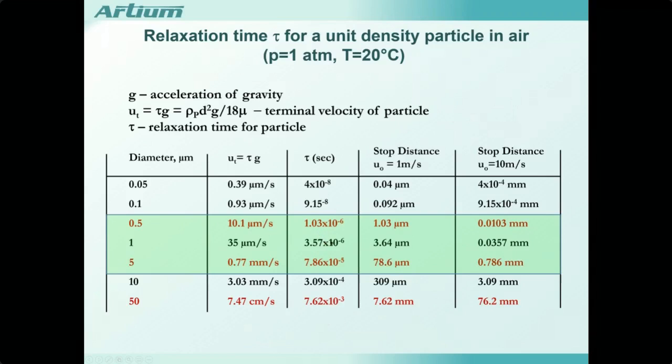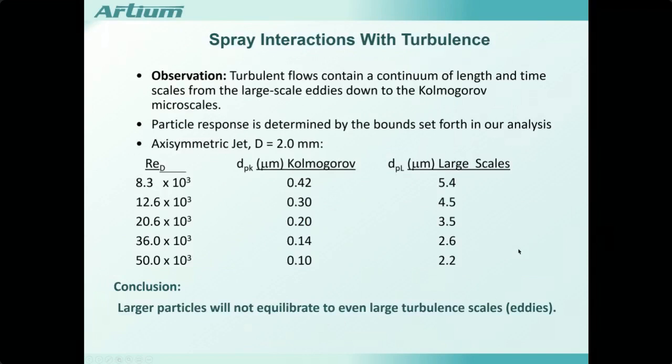So to get good particle response for turbulence, it's really important to keep the particles as small as possible. And of course, the stopping distance at even a slow 10 meters per second is significantly different. For 1 order of magnitude difference in size, it's 2 orders of magnitude in stopping distance. That just happens to be that d squared behavior.